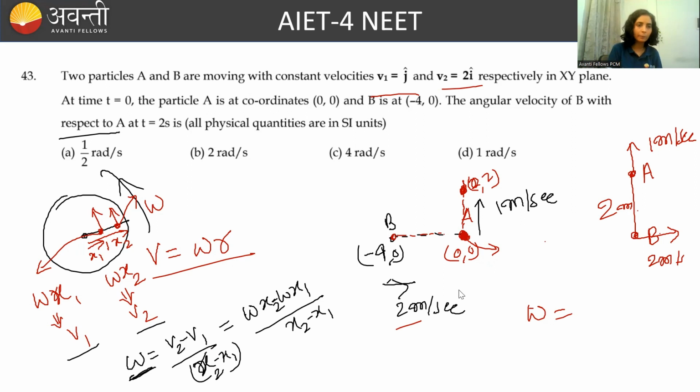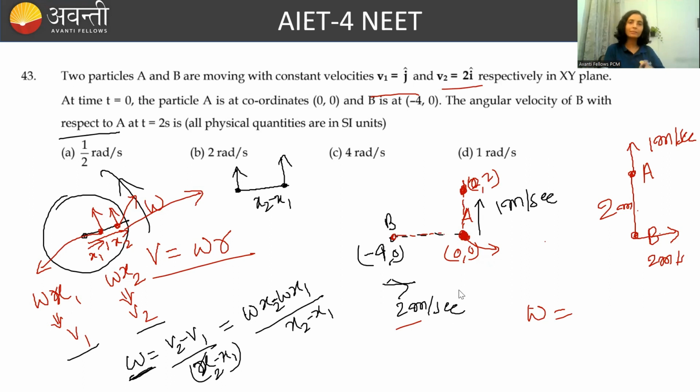अब ध्यान से देखो, यहाँ पे फिर से इसको देखो. If you can see it carefully, यहाँ पे मैंने 2 पॉइंट लिया था ऐसे और इन दोनों पॉइंट को ज्वाइन किया था ऐसे. So this is x2 minus x1. And velocity was perpendicular to this line joining. था ना perpendicular? And then I did v2 minus v1 by x2 minus x1. So which velocity you will take?